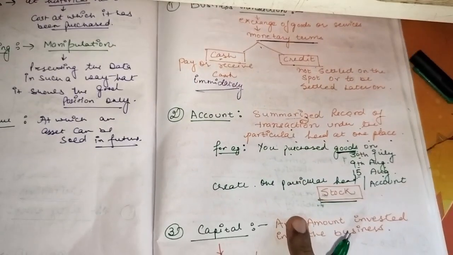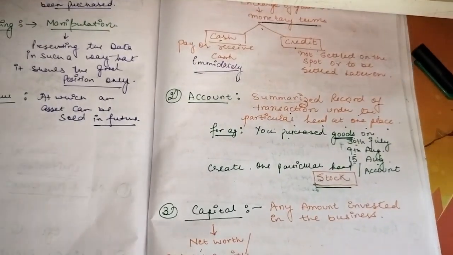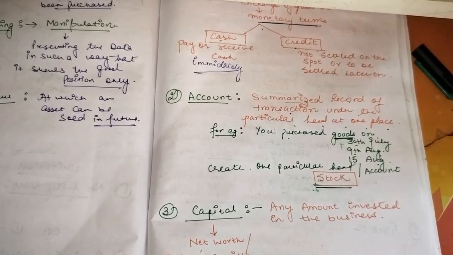Now the third one is capital. You might have heard that we invested so much amount of capital in the business. But basically, what does capital mean? Capital is any amount that is being invested in the business. For example, I am the owner of the business and I am investing 2 lakh rupees into the business.